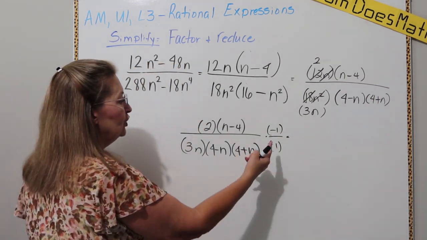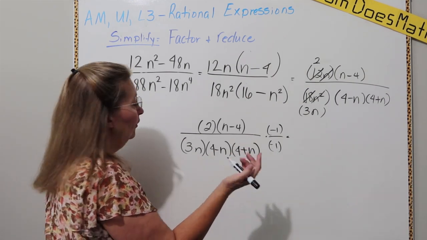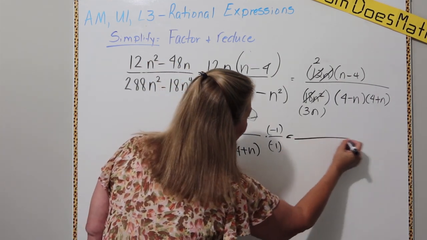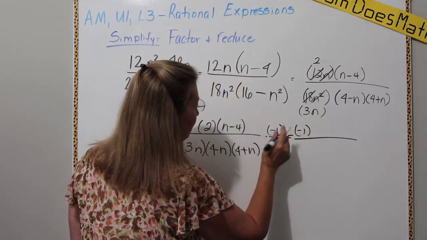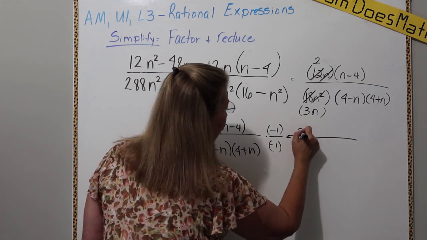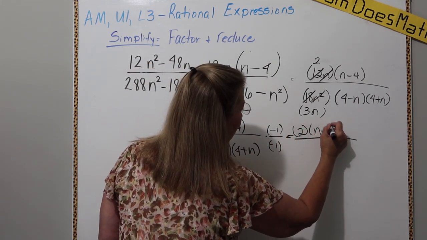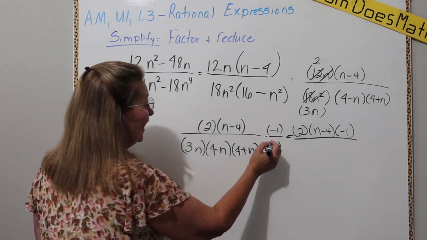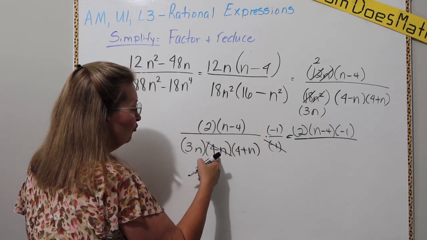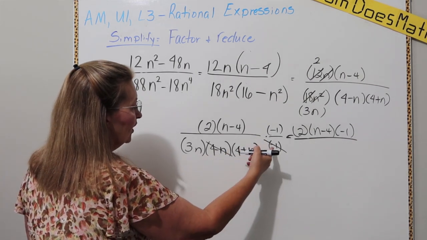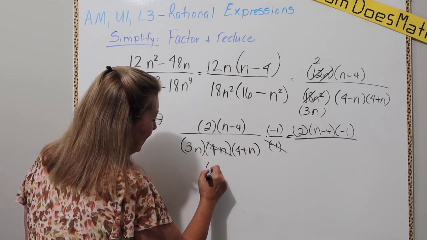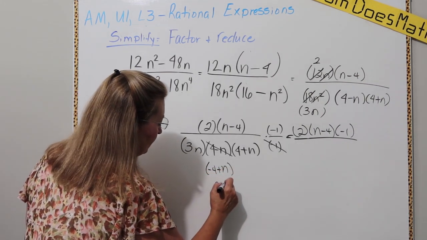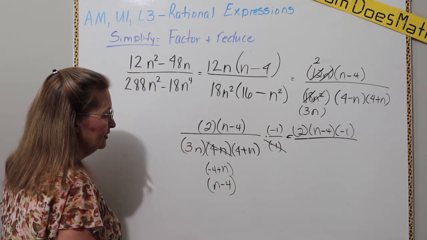Okay? Now you're only going to use one of these, whichever one you want to. I usually use the one in the denominator. So up here on my numerator for right now, I'm going to keep 2 like it is. I'm going to keep n minus 4 like it is. And now I have -1. Well, down here, I'm actually going to multiply the -1 times this. So when I multiply -1 times that, I get -4 plus n, which I can turn around to be n minus 4.